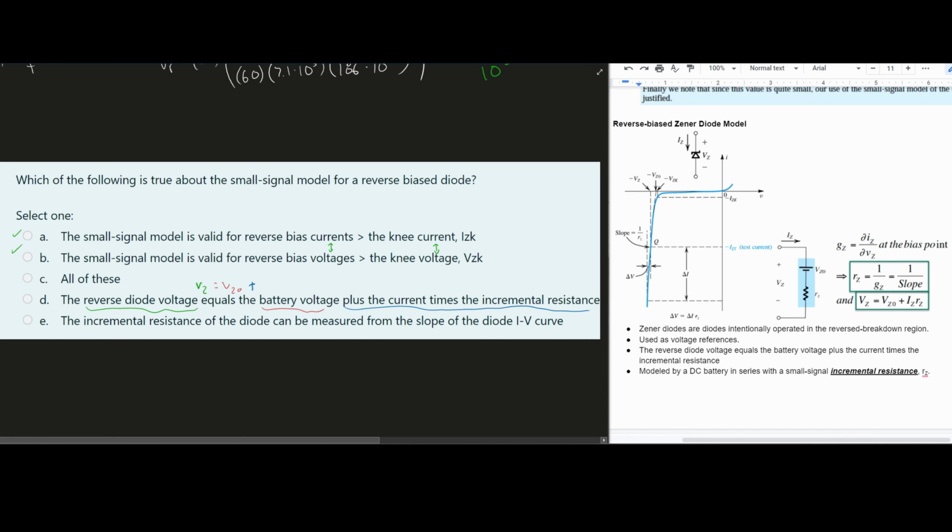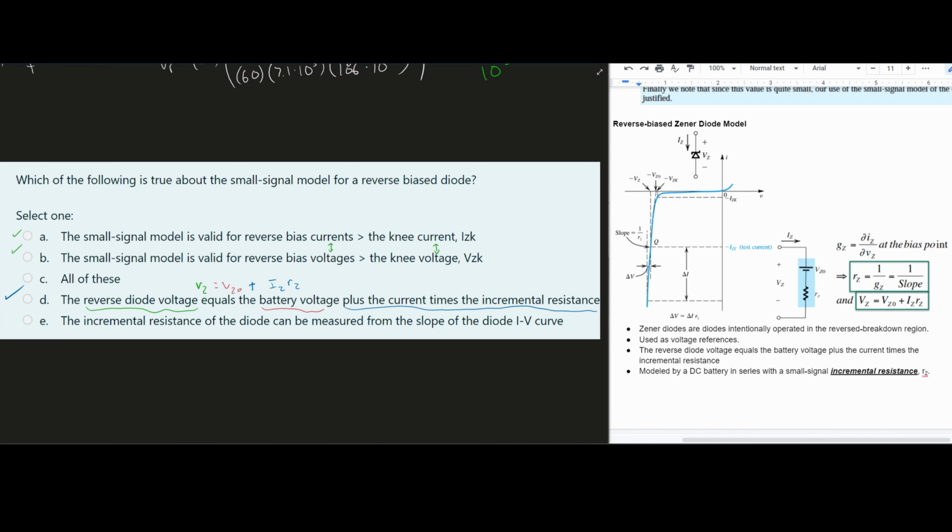That's this next part right here. Our current is going to be IZ, the current of the diode, and the resistance of it, RZ. And that is what we have right here, it's this equation. So it works well, and this also is true.